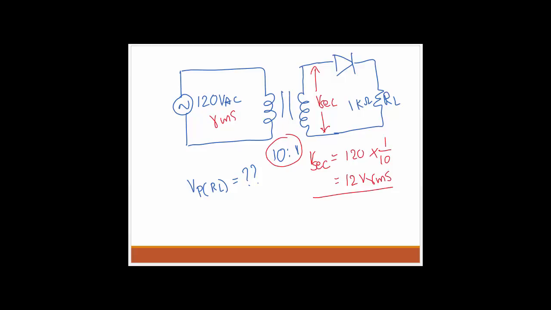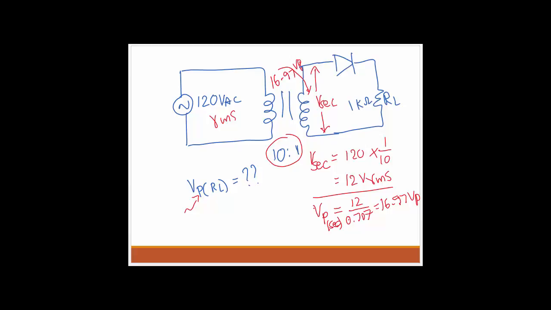But the problem is asking for the peak voltage, so we need to find the peak voltage of the transformer. The peak secondary is 12 over 0.707, which gives you 16.97 volts peak across the transformer secondary.